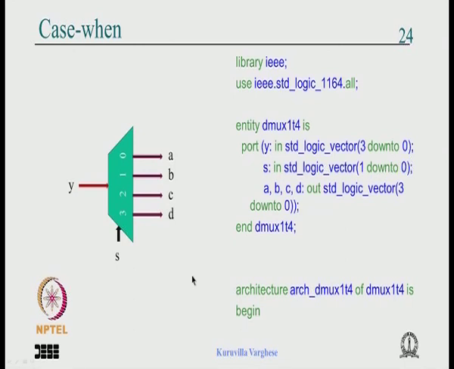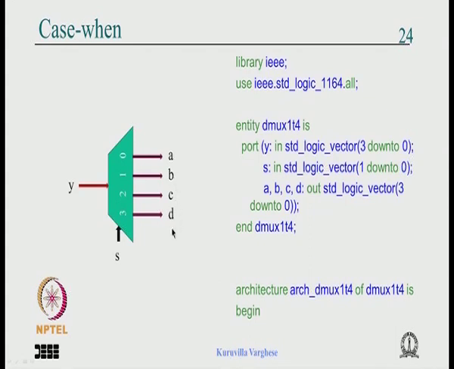When you implement something with a process, you have to necessarily write the inputs in the sensitivity list, because any change in the input should trigger a computation as far as the simulator is concerned. So we write S and Y in the sensitivity list.